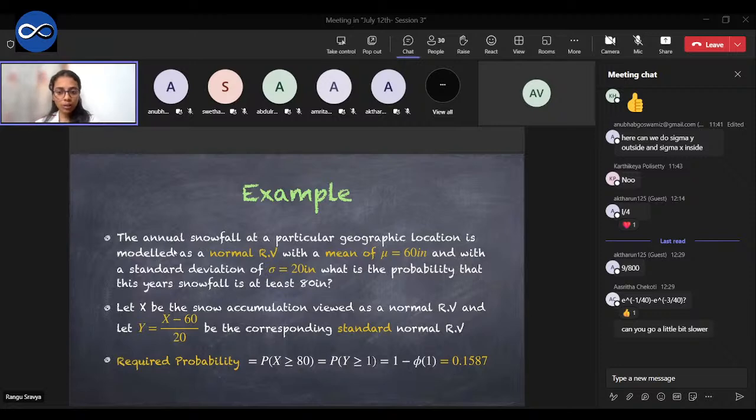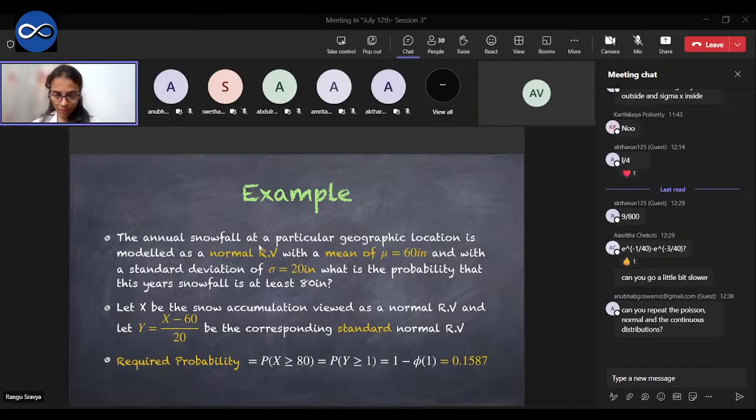That is nothing but 1 minus the probability that X is less than 80, which is nothing but 1 minus the probability that Y is less than or equal to 1. That is phi of 1.